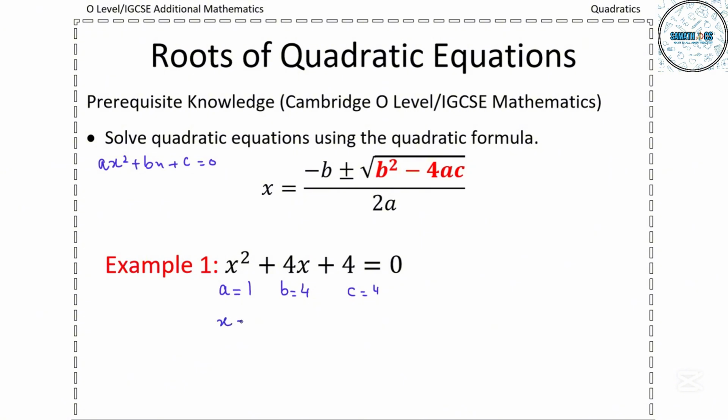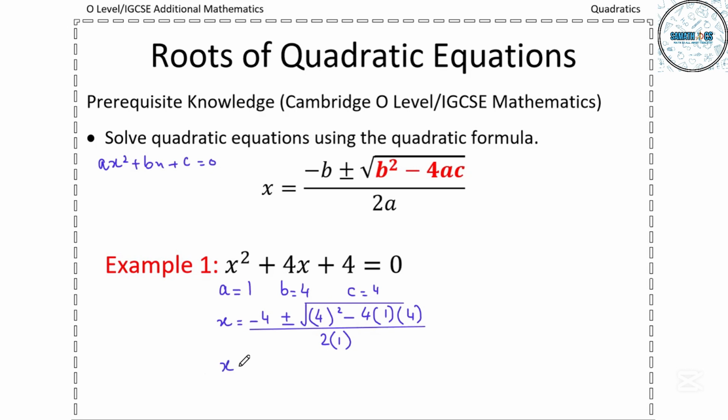So we have x equal to minus b, which means minus 4, plus minus under root b squared, which is 4 squared, minus 4ac, 4 into a is 1 and c is 4, divided by 2 into 1.